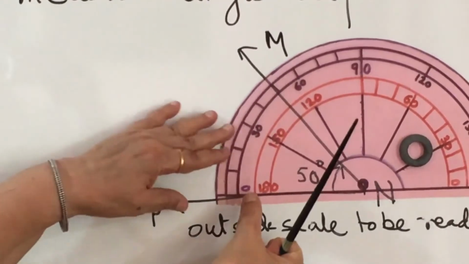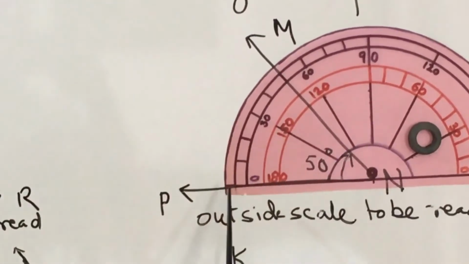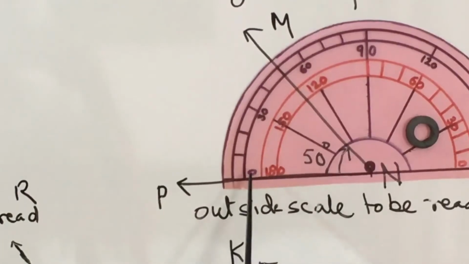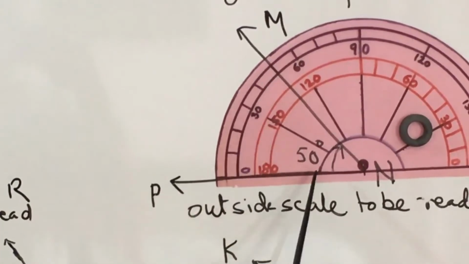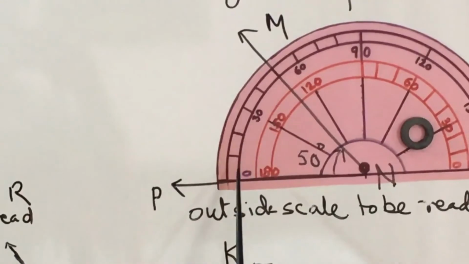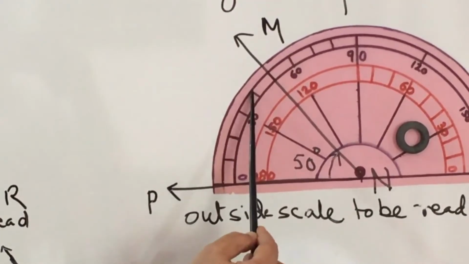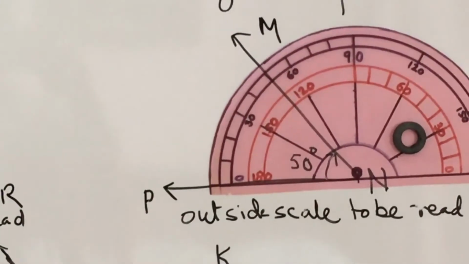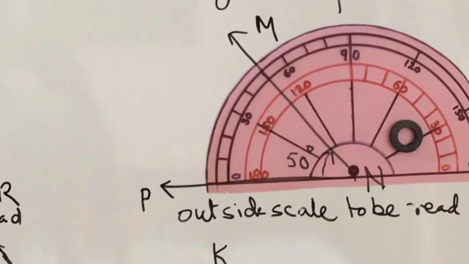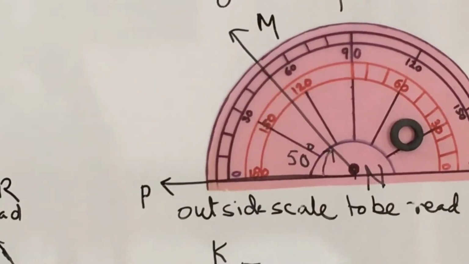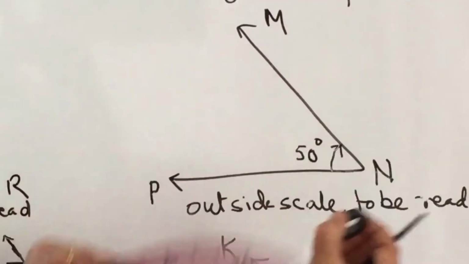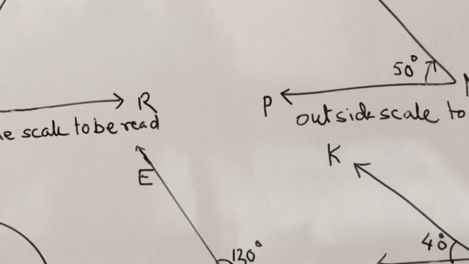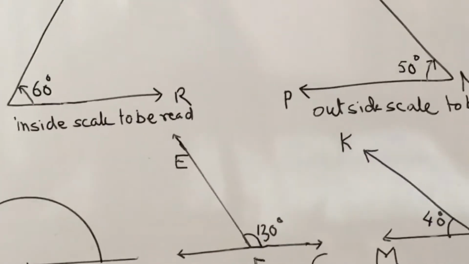Now this angle is this measure. Now we use the outer scale because I am measuring this angle. So 0, 30, 40, 50. So this angle is equal to 50 degrees. In this case, I have used the outer scale as the angle that I am measuring is clockwise here. The arrow shows that we are measuring it clockwise.